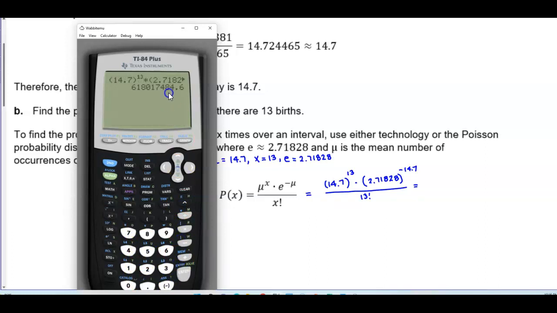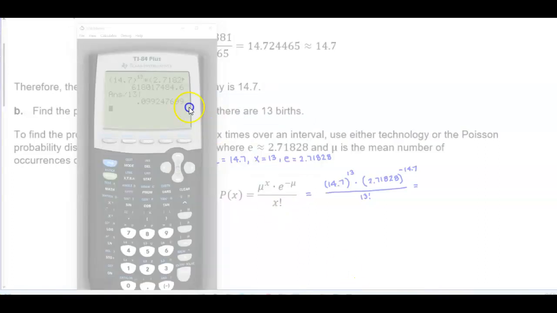We get that value. Now we need to divide that by 13 factorial. So we hit divide, 13, select math, go to probability, scroll down to the factorial symbol, and press enter. And then we get that value for the probability.